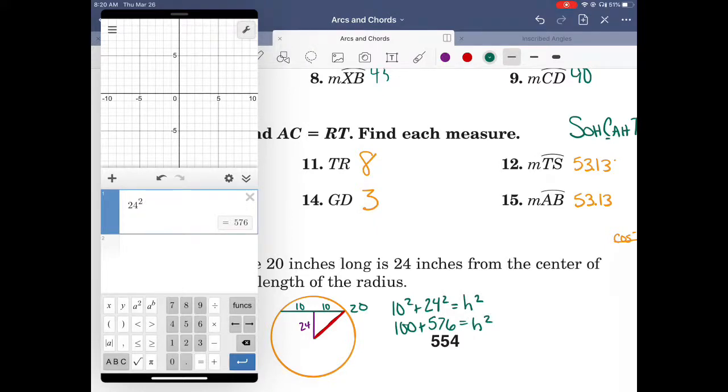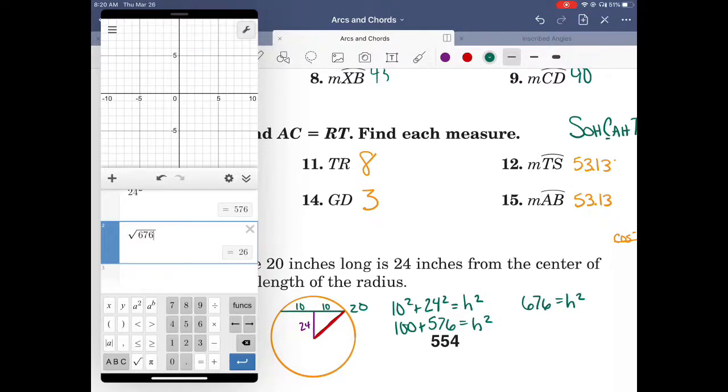Combine my like terms. 100 plus 576 is 676. And of course, we're going to take the square root of 676 to find out that my hypotenuse is 26 inches.